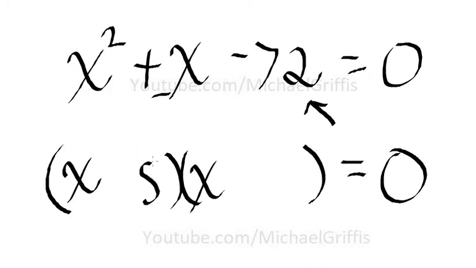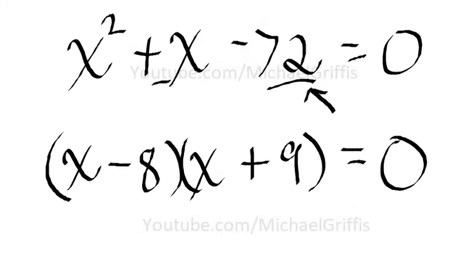So 8 and 9, because we know when we multiply 8 and 9 together, we get 72. And when we take their difference, we want to get a 1, but it's a positive 1. So we're going to make the 9 positive, and we'll throw a minus sign in there. See that? So negative 8 times 9 is negative 72, and when we add them we get a positive 1. So that's pretty simple.